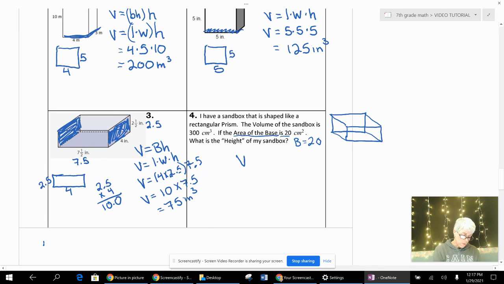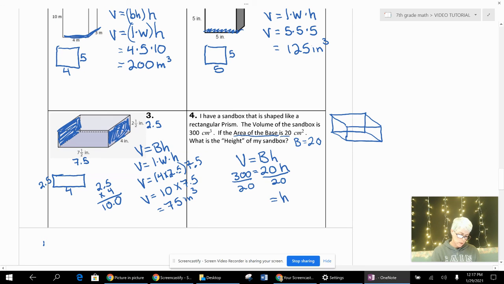So I'm going to write the formula and then I'm going to plug in the numbers they gave me. They gave me the volume already. So I don't have to find the volume. They gave it to me. And they gave me big B. So I'm going to fill that in. And they want me to find H. So this now is just a one-step equation. I'm going to divide both sides by 20.